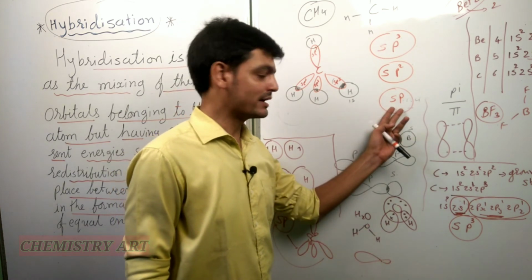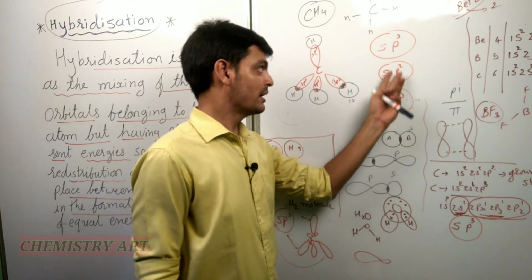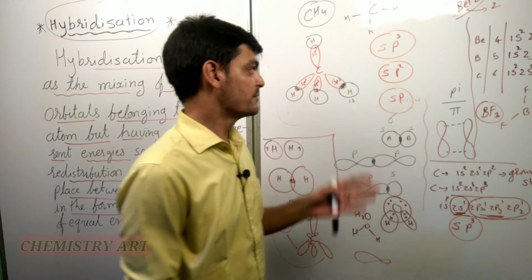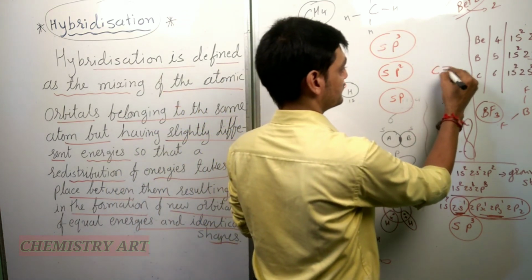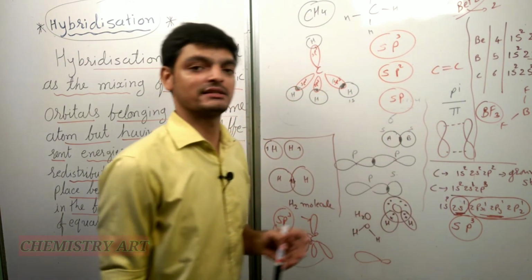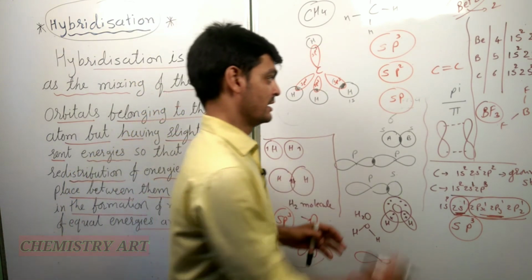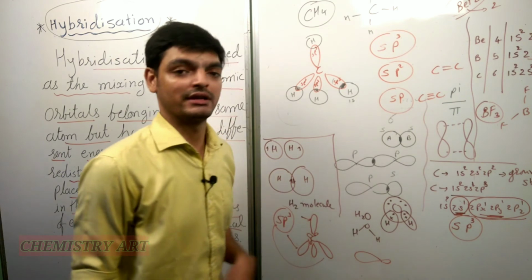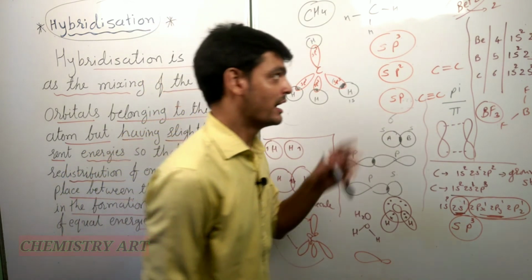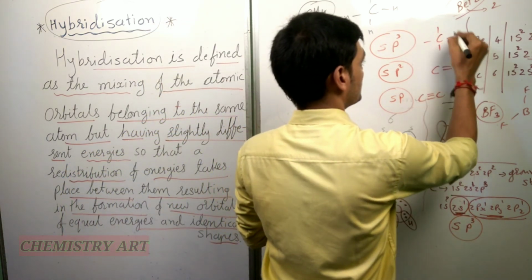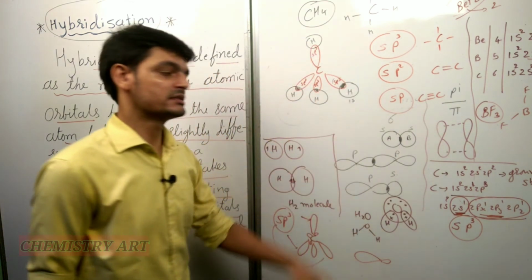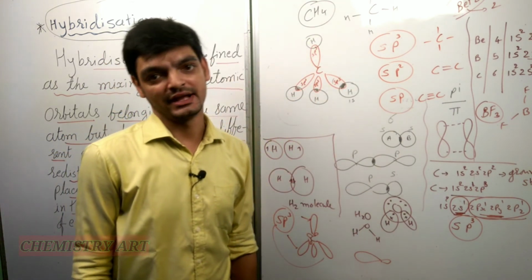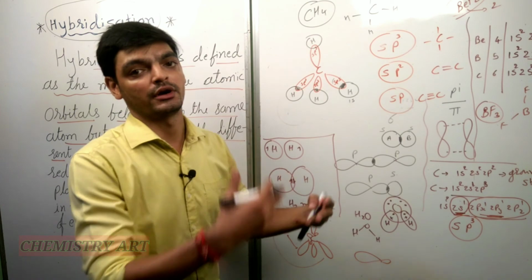So here 2 are taking part, here 3, and here 4. Mostly when carbon is forming a double bond, the hybridization is sp2. When carbon is forming a triple bond, the hybridization is sp. And when carbon is forming 4 single bonds, it is mostly sp3 hybridized orbitals which form the bonds.